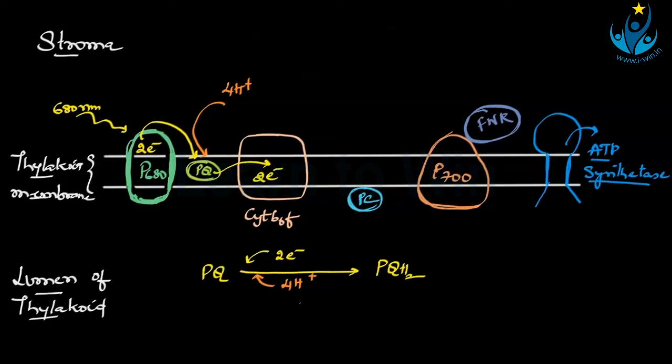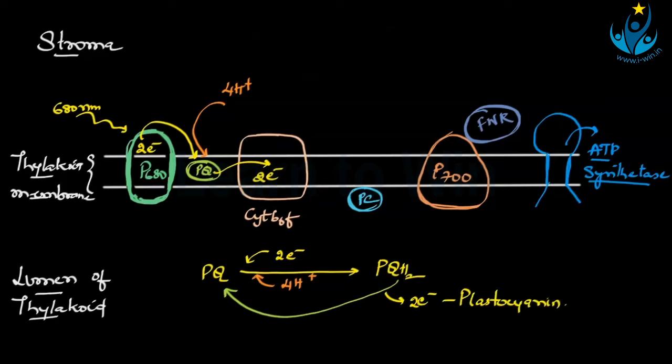For that, the plastoquinol has to release the electrons. When it is releasing the electrons, it goes back into its oxidized form, plastoquinone, so that the 2 electrons enter into the plastocyanin.